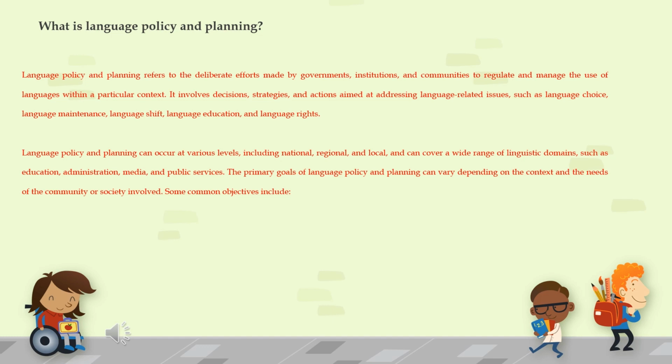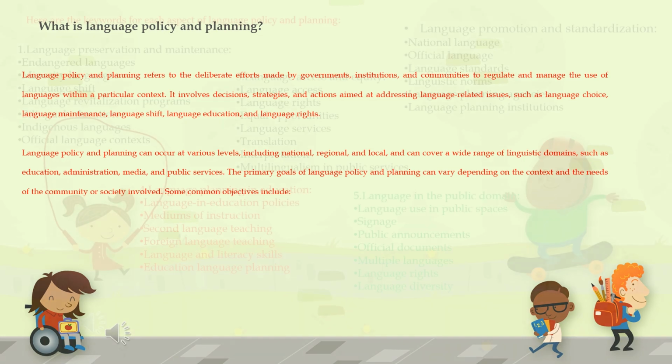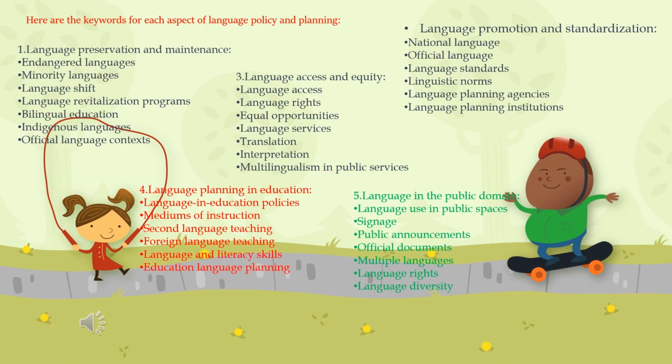The primary goals of language policy and planning can vary depending on the context and the needs of the community or society involved. So, we will be explaining some common objectives. Here are the keywords for each aspect of language policy and planning.